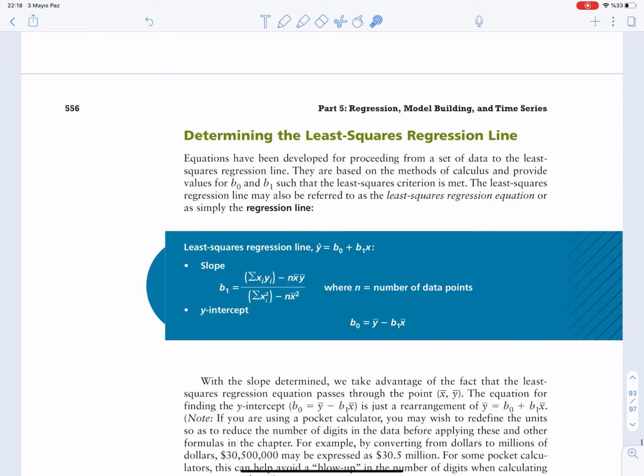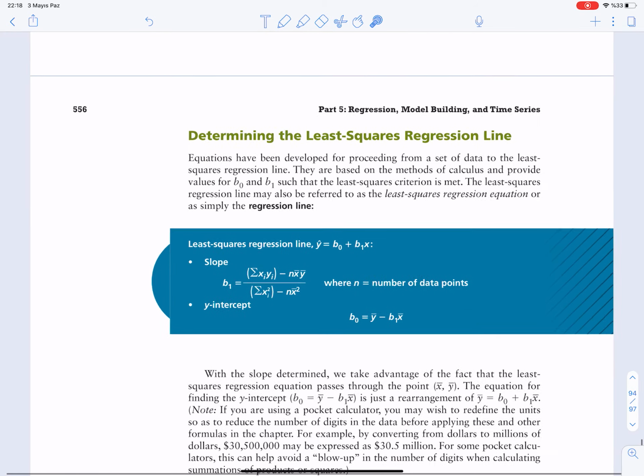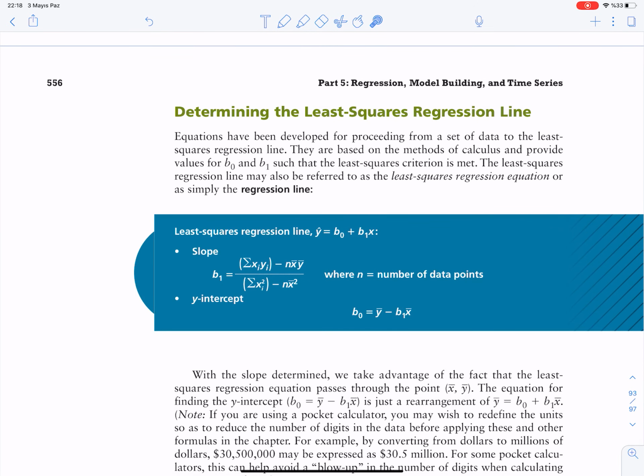This is the way you get the least squares regression line, having the slope. In the classroom, I would write b1 as this one.